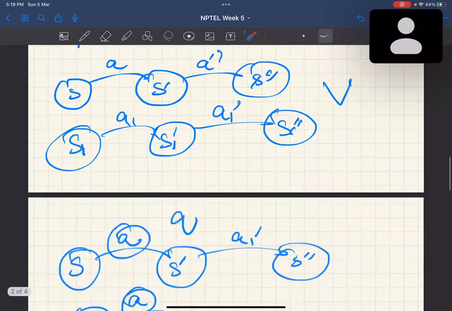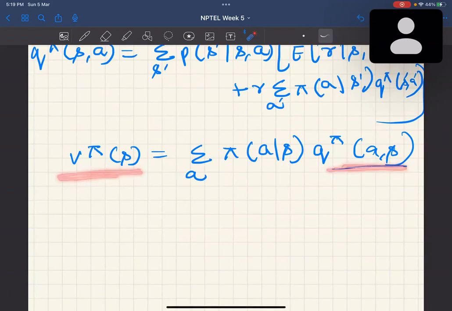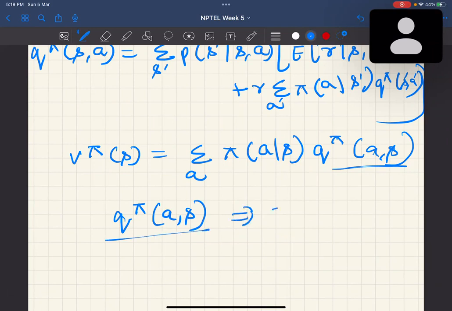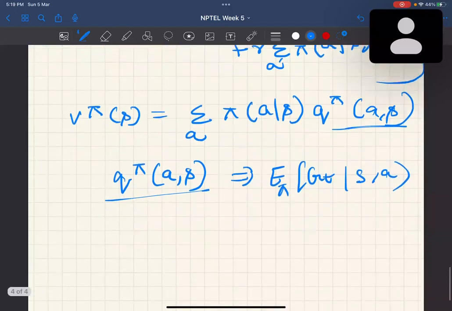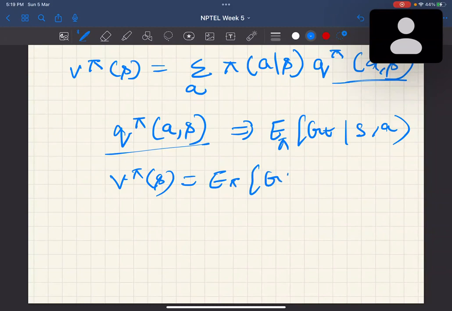The same thing here. V pi of S is equal to the sum of Q pi of S, A into the policy pi of A given S. If I explain it, if I write this Q pi of S, A, what does this mean? The expectation of G_t, and S is given to me and A is also given to me. If I write V pi of S, which means expectation under pi, only S is given to me.